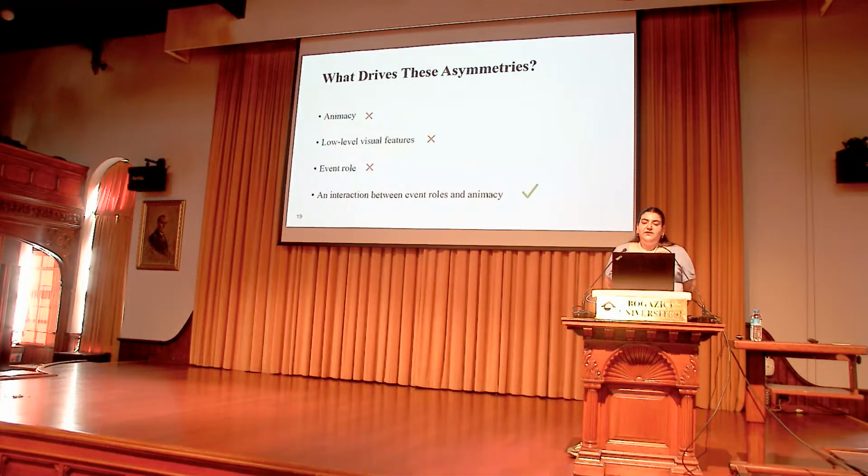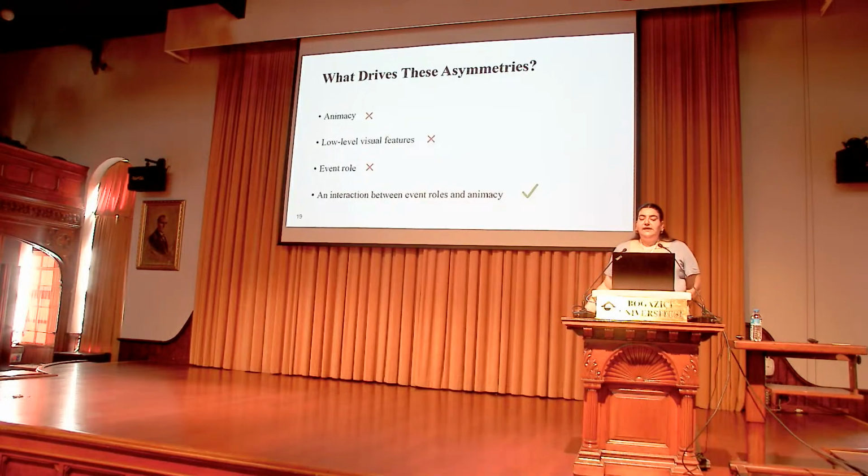So when we look at what drives these asymmetries, we see that NMC cannot be the only explanation, because if it was due to NMC alone, we would also see a difference in back-to-back events. However, this is not the case. Again, when we look at low-level visual features, they would also show a difference in back-to-back events.